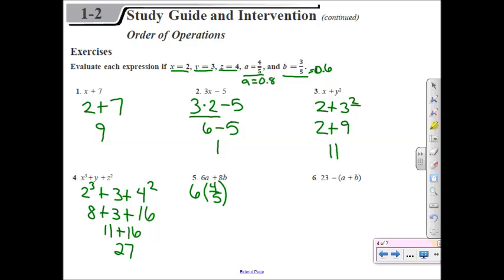And when I do a whole number times a fraction, I typically put them in parentheses so that you can see where the 6 is being multiplied. It's by the whole fraction. And then we have 8 times b is 3/5. And again, it would be pretty easy if we were just using the decimals, but I want to be able to do things without a calculator right now. So we're just setting this one up. We're not going to solve.